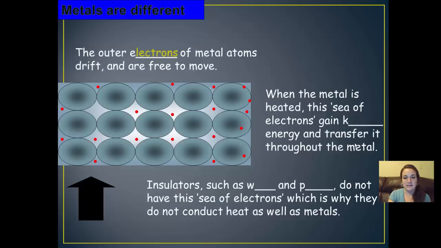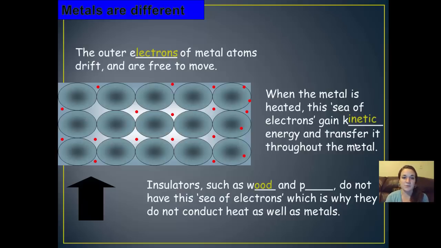Those particles gain kinetic energy, which again is movement. So they start to move more, and this travels throughout the metal. It keeps going and going and going. So those metals have a great method of passing that heat along. They just move through the particles. Those are great conductors. It's called a conductor when it can pass that heat very easily.